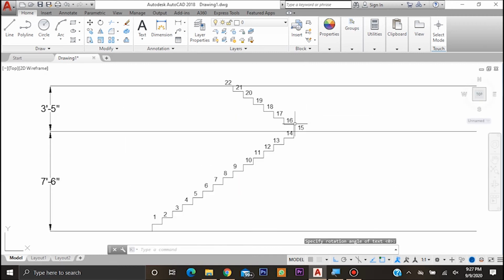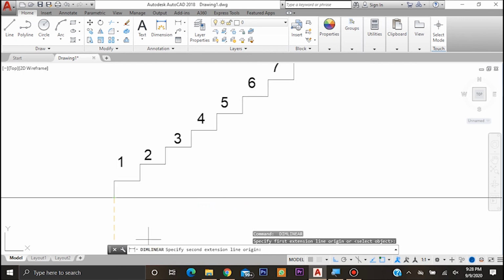Therefore, there are a total of 22 steps in this drawing, which means from floor to lintel level it requires 15 steps, and from lintel to roof level it is 7 steps. Therefore the total number of steps is 22.